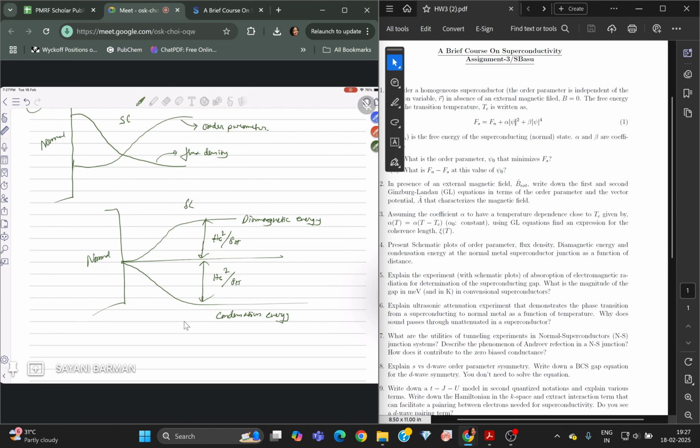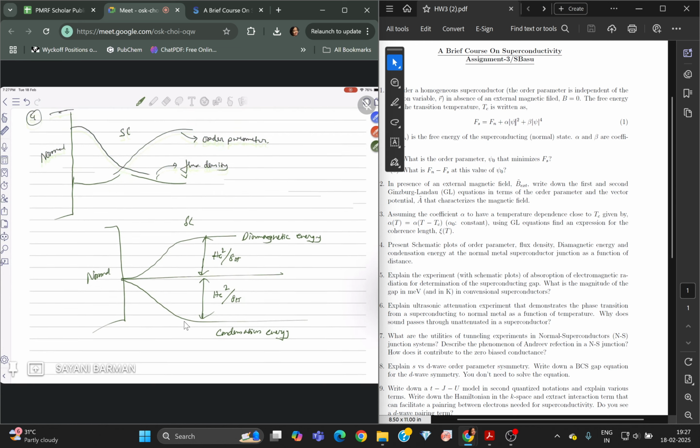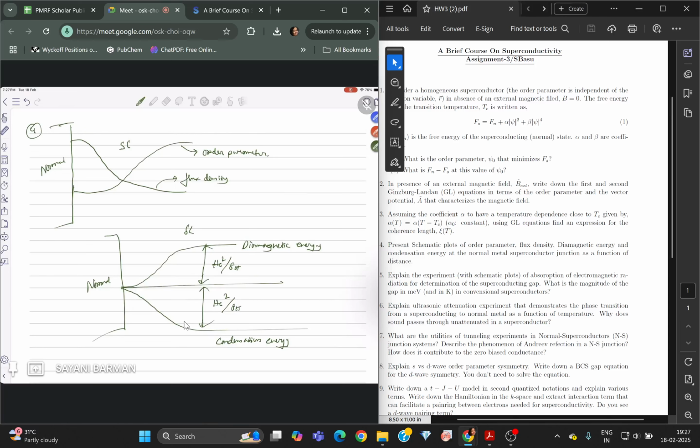So they have asked to present schematic plots of order parameter, flux density, diamagnetic energy as a function of distance. We have to draw this much only.